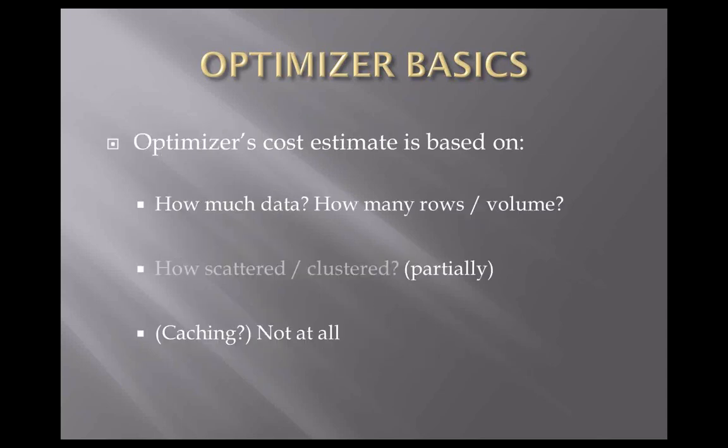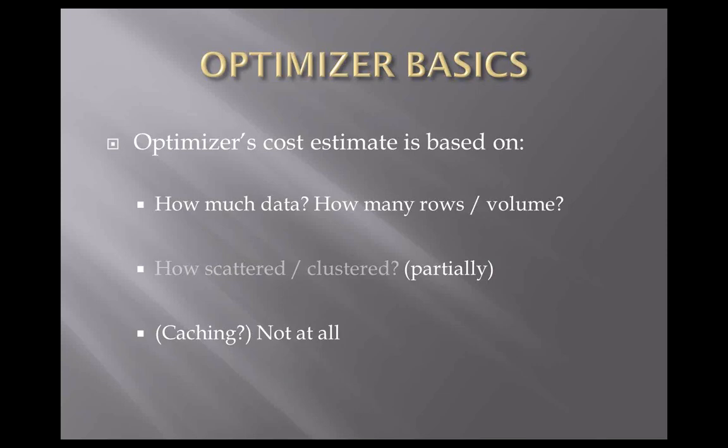And it might not be surprising that the cost estimates of the Oracle cost-based optimizer are actually based on asking the same questions. But there are two very important, significant differences in how the optimizer approaches these questions in comparison to how you as a human being can approach these questions.